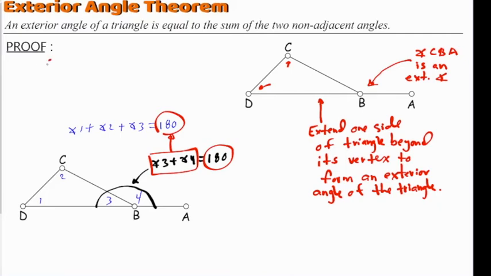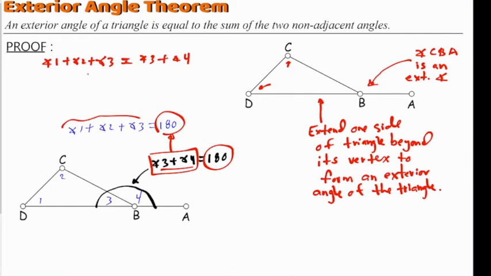This gives us a new equation: angle 1 plus angle 2 plus angle 3, that's the left side of this equation, is equal to, I'm going to replace the 180 on the right side with angle 3 plus angle 4, because both of these sums are equal to 180.